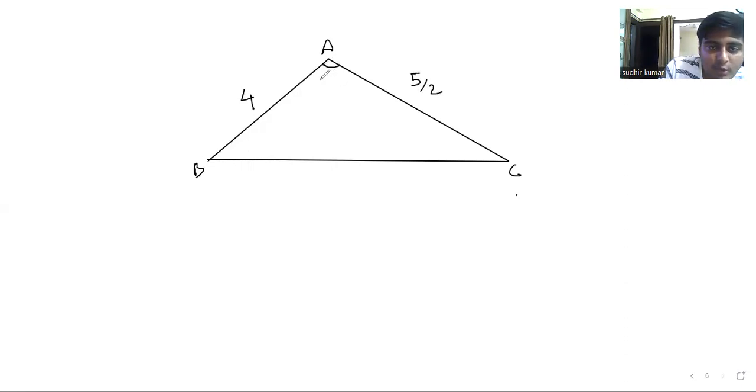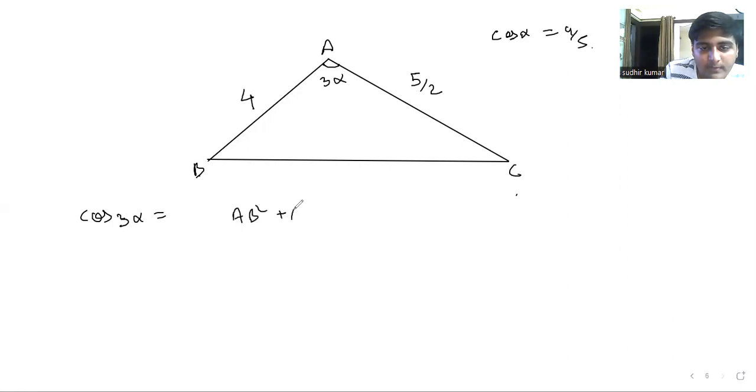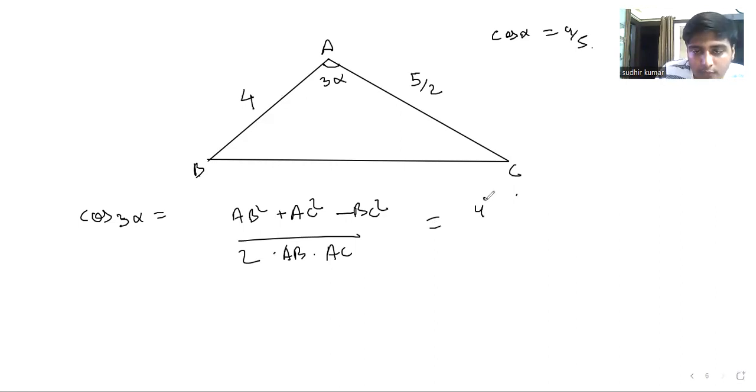Angle BAC was 3 alpha, and we had cos alpha is equal to 4 upon 5. So we have cos 3 alpha is equal to AB square plus AC square minus BC square upon 2 times AB into AC, which is equal to 4 square plus AC square, 25 upon 4, minus BC square upon 2 into 4 into 5 upon 2.